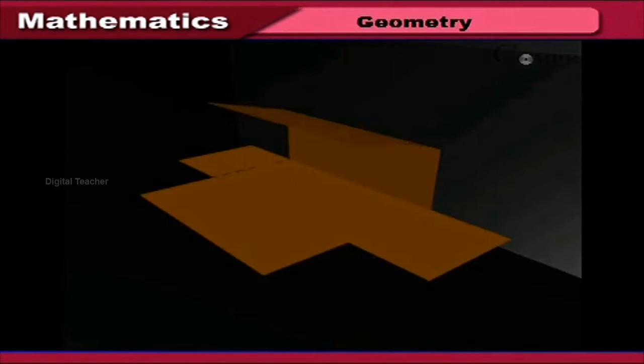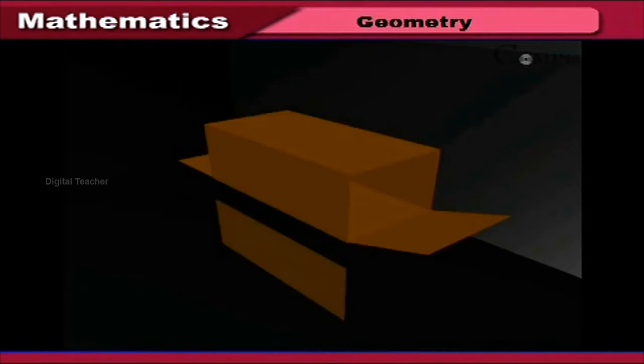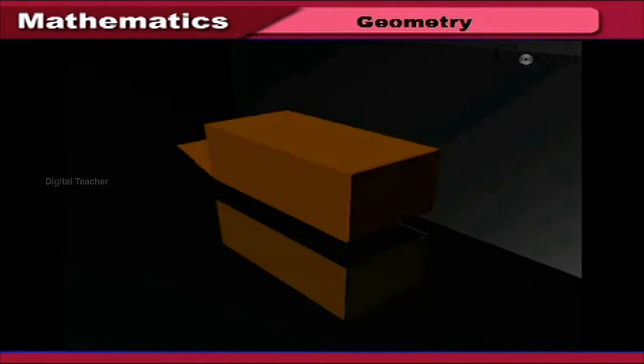FG bar is equal to BC bar is equal to AD bar is equal to EH bar is equal to breadth. And BF bar is equal to CG bar is equal to AE bar is equal to DH bar is equal to height. 2. Fold along the lengths HG bar, DC bar and AB bar and breadths BC and AD.